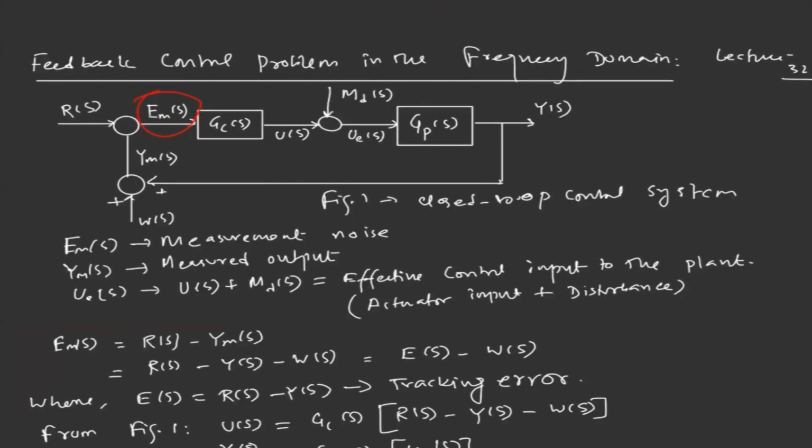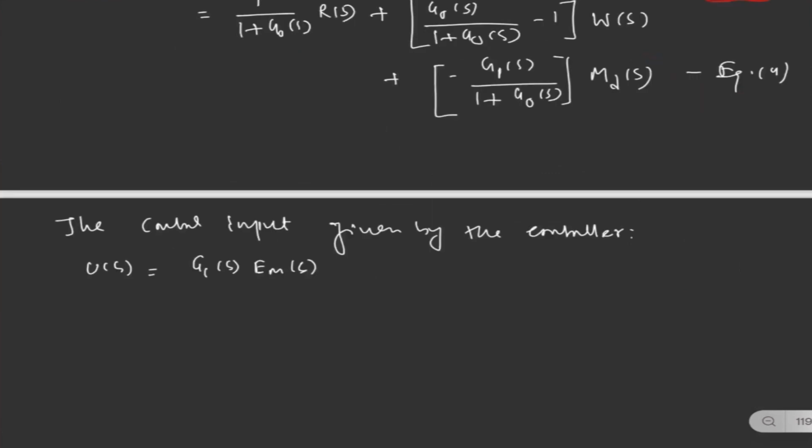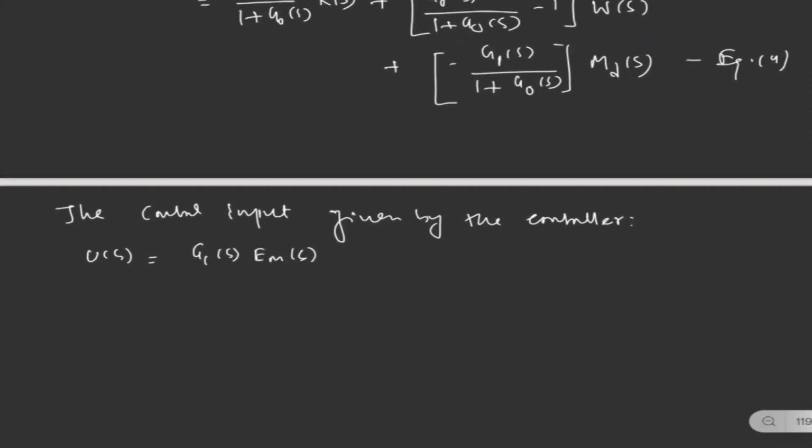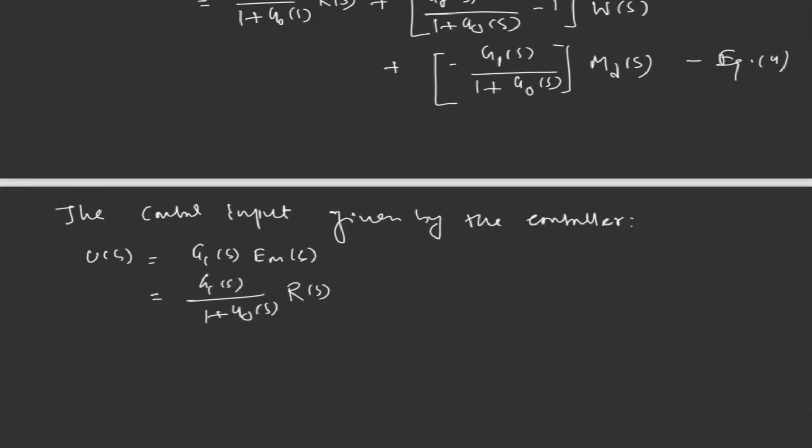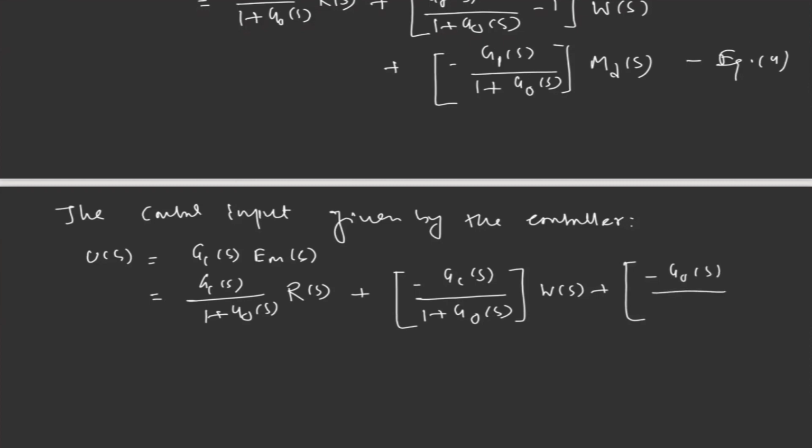So if you substitute the expression for E(M)(S), equation number 4, in this equation, we have the control input given by the controller: GC of S over 1 plus G naught of S times R(S), plus minus GC of S over 1 plus G naught of S times W(S), and plus minus G naught of S over 1 plus G naught of S times MD(S).